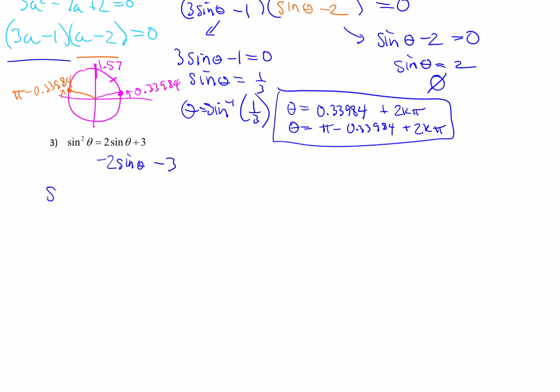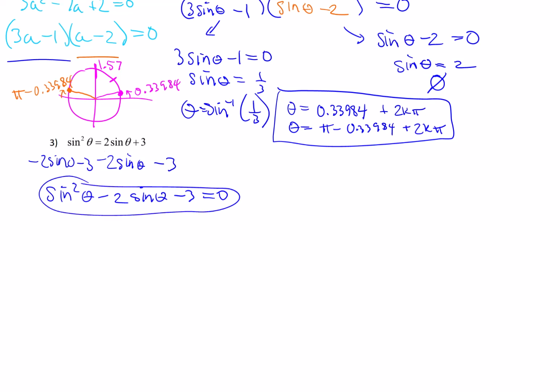So on the left, we'll now have sine squared theta minus 2 sine theta minus 3 equals 0. There's the result.